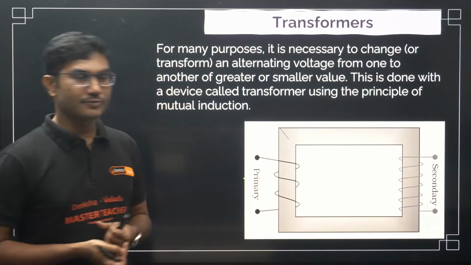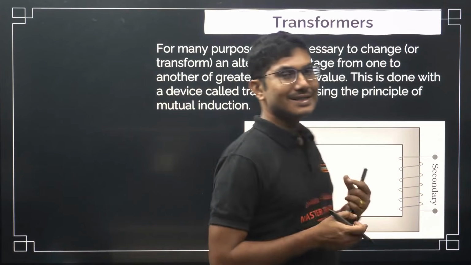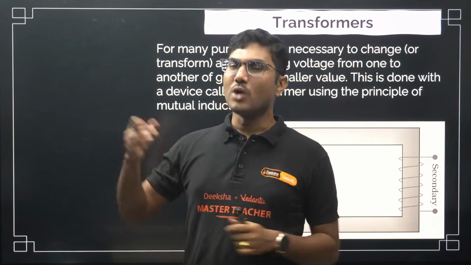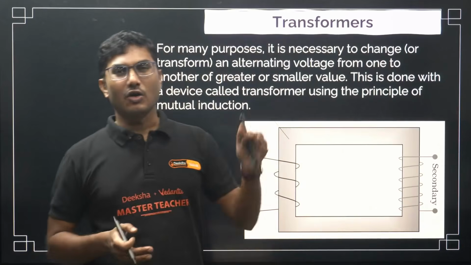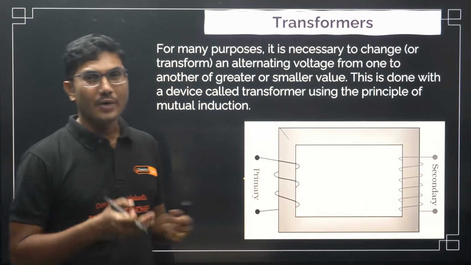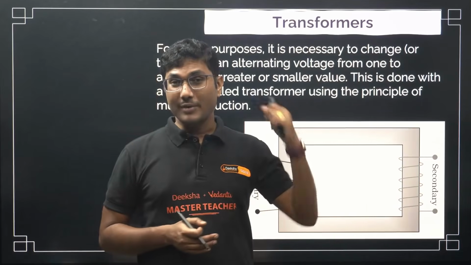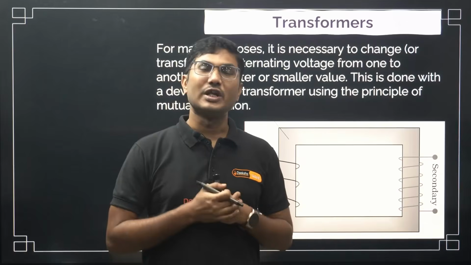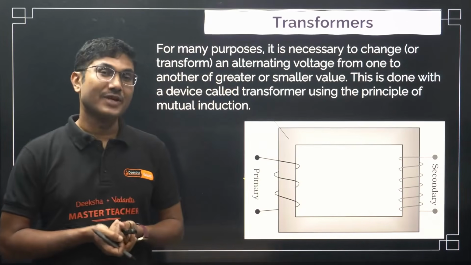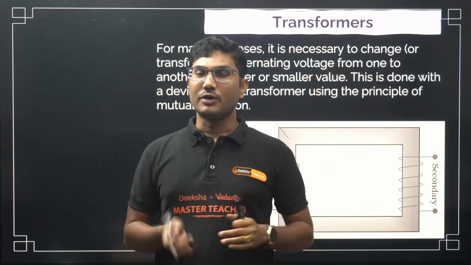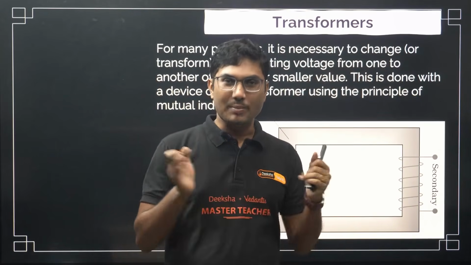step down transformer. When electricity is transferred from the power station to our homes, there are a lot of stages, and the transformer plays a very important role while transmitting power. The power station transmits power at a very high voltage and very low current. It is transmitted to a local power grid.